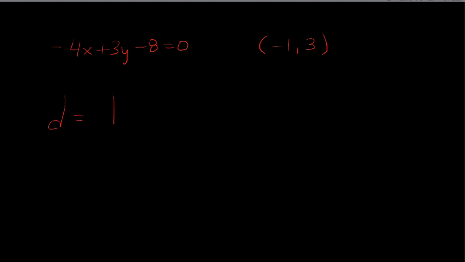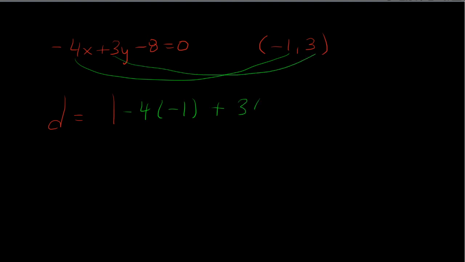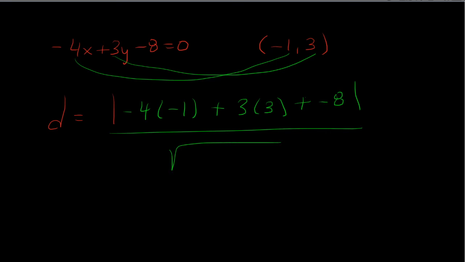I'm going to multiply the coefficient of x with the point x, and then add that with the coefficient of y times the point y, and then we'll add the constant, all over the square root of the x coefficient squared plus the y coefficient squared. So this will just be 5 over root 25, and so the distance is 1.